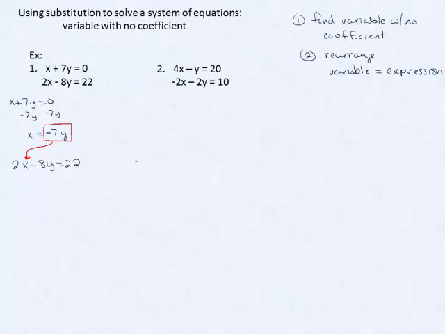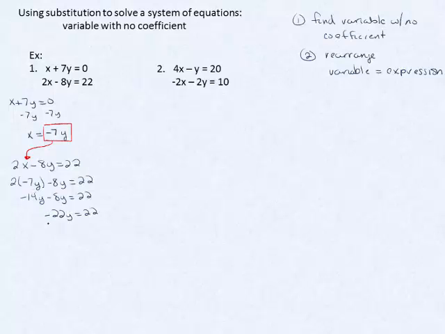So I'll have 2 times negative 7y minus 8y is equal to 22. That's negative 14y minus 8y is equal to 22. Negative 14 and negative 8 give me a negative 22.